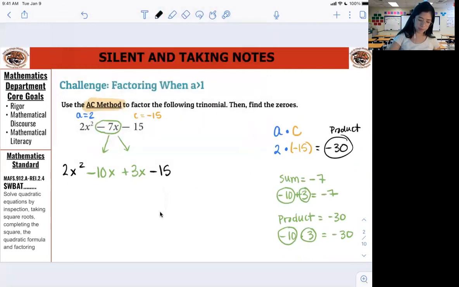I just want to make sure we all can follow along with all the steps, so let me write down the steps that we've done so far. First thing was multiply A times C to get your product. Step 2 was we found the magic numbers.